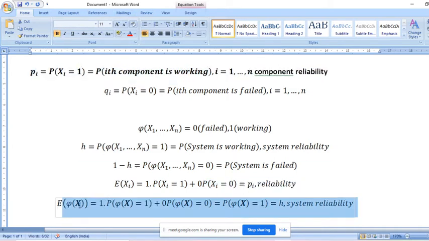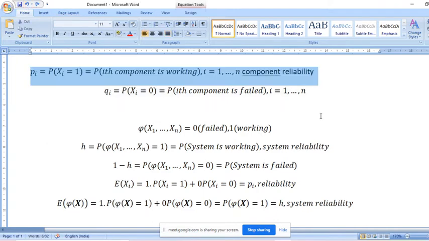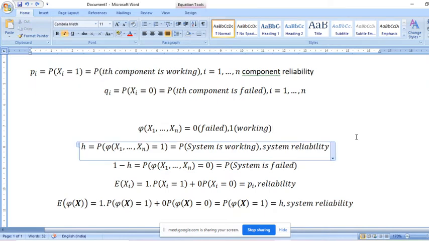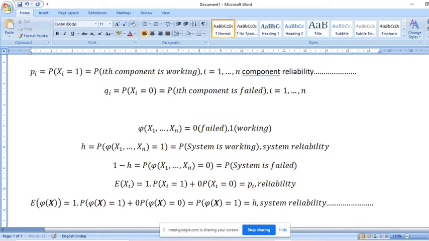Another one is system reliability. Okay, so these are two fundamental concepts we are dealing with in this chapter. Component reliability and system reliability.